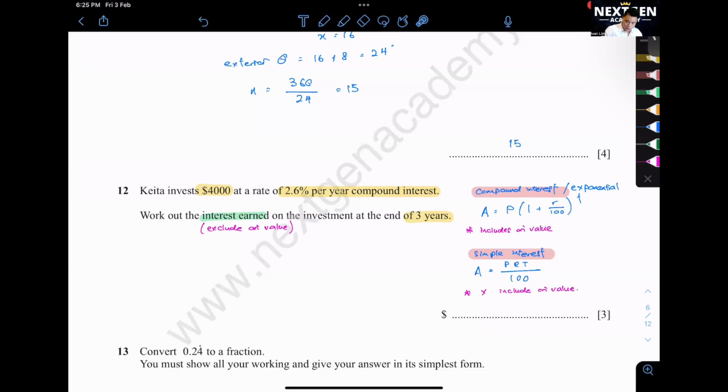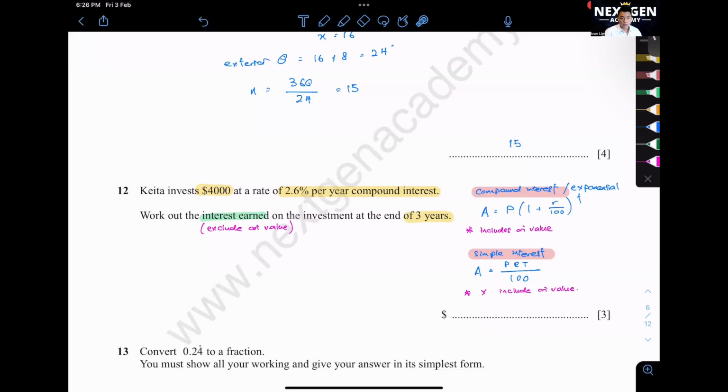We are doing compound interest, and the formula actually includes the original value. So if it includes the original value, I have to remove it because they write just work out the interest earned. However, if they say how much does Kita have after 3 years, then you don't need to minus off.